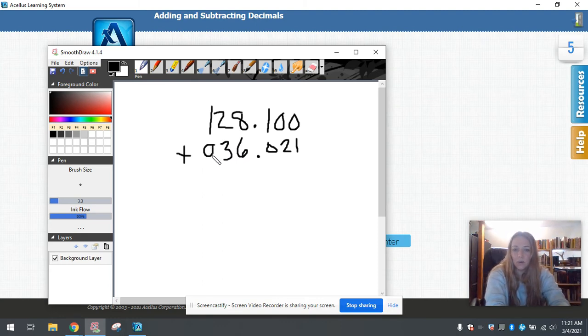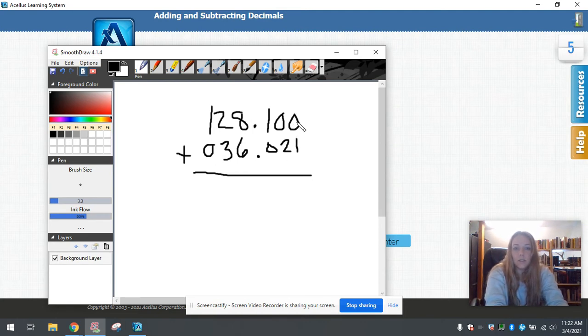They're just holding the place, so that it's better to look at visually. And same with these ones. The zeros after the last number of value, after the decimal, are just holding the place too. There's no value attached to them.